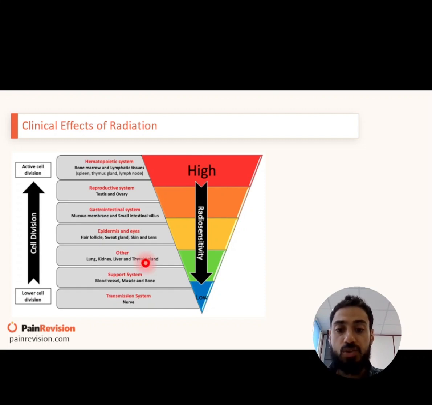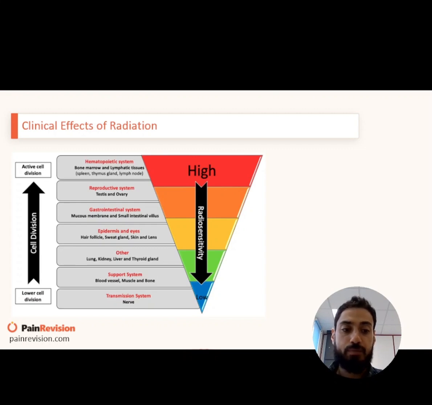In the epidermis and eyes, you might get skin damage, skin epilation, or cataracts. Lung, kidneys, liver, and thyroid glands: again, that could be cancers of these systems, or things like fibrosis, interstitial lung disease, liver disease, and liver failure. And finally, within the nerves, you can get neuropathic pain and problems with nerve conduction and transmission.